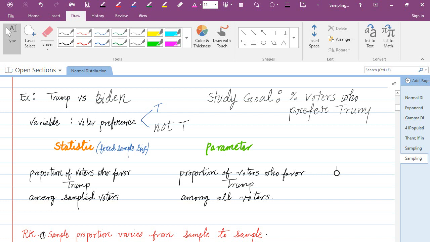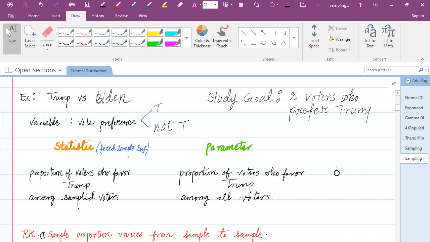A voter may prefer Trump. That's one of the outcomes. A voter may not prefer Trump. That's the second outcome. Not preferring Trump, let's say, is the same as preferring Biden, but even though that may not be exactly true, for the sake of this example, that's what I'm going to assume.